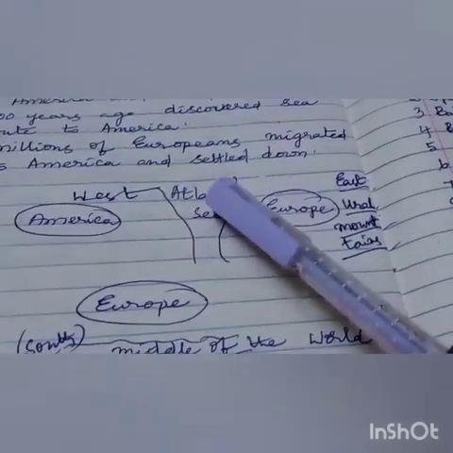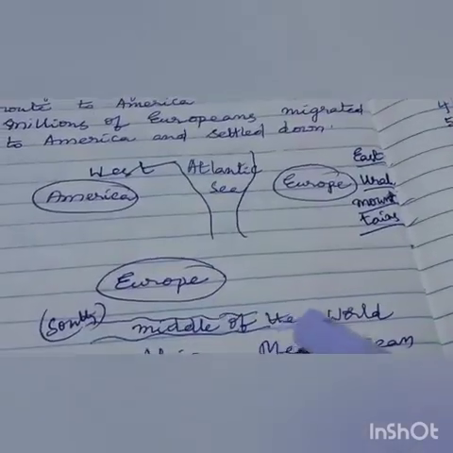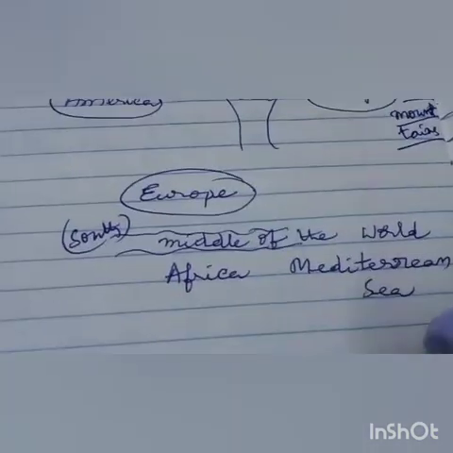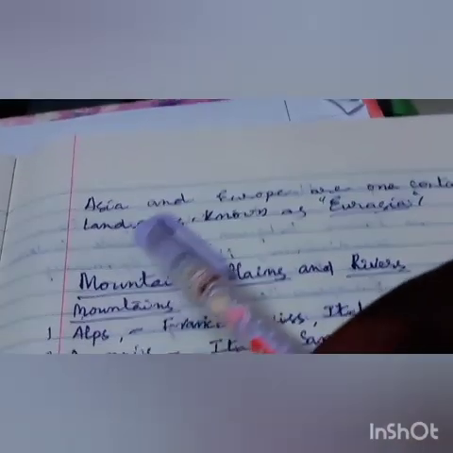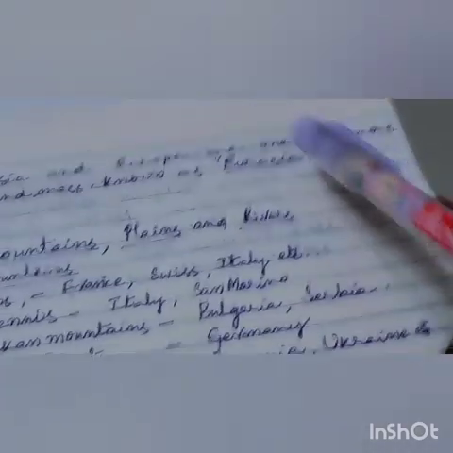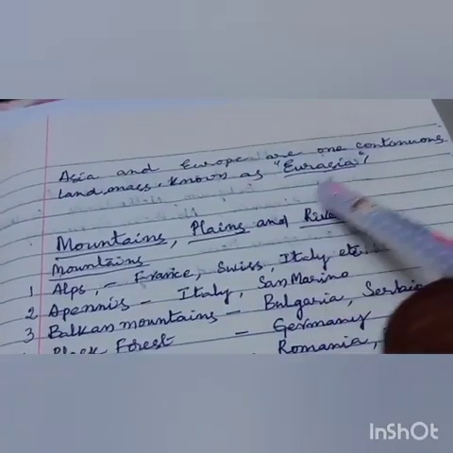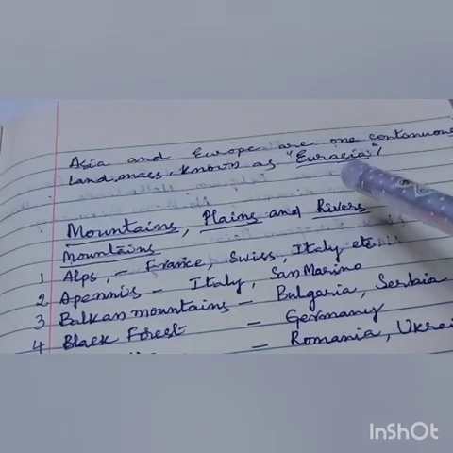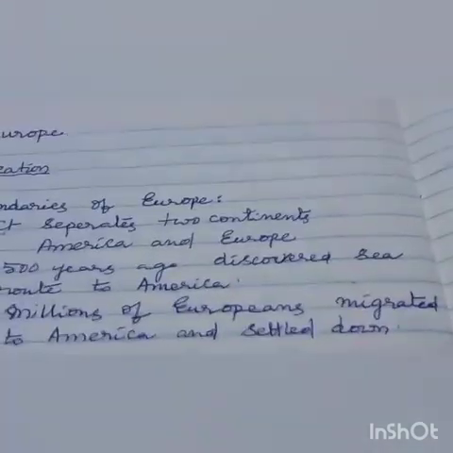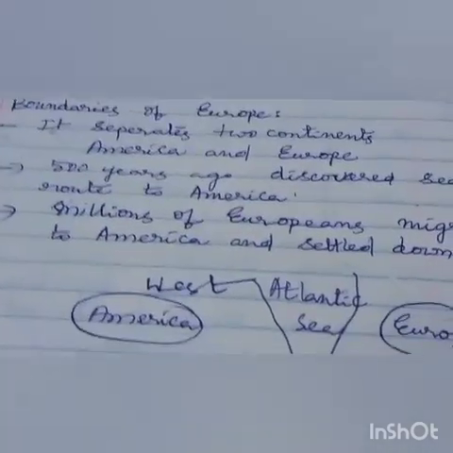So these are the boundaries of the European continent. And here one thing we have to remember: Asia and Europe are one continuous landmass, known as Eurasia. These are the location and boundaries of the Europe continent.